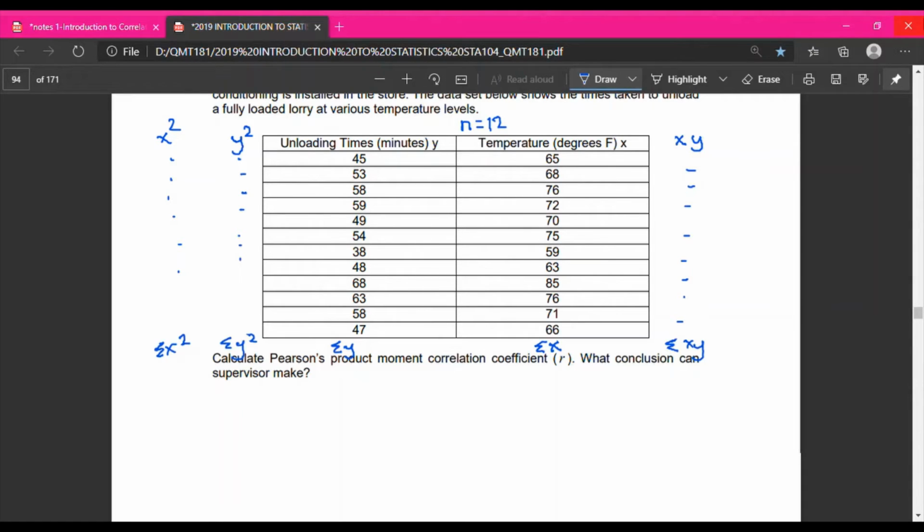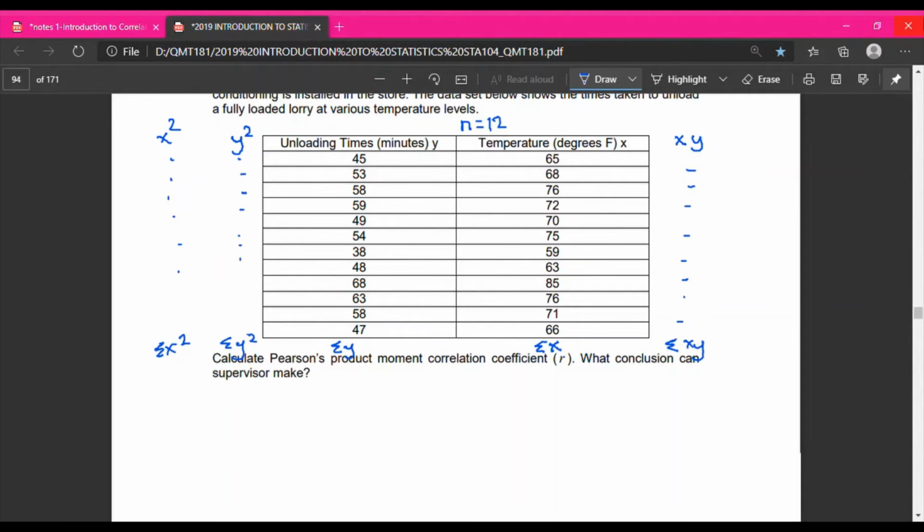Okay, so next key in the second observation, remember to enter x first, then y. 68, 53, press M+, and it will appear n equal to 2, meaning you have already keyed in 2 observations. Okay, so repeat until you key in all 12 observations.